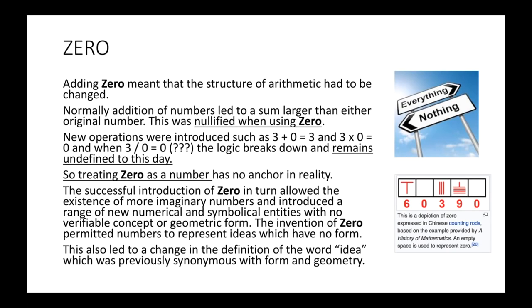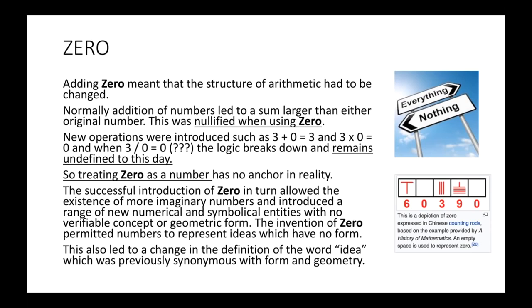So treating 0 as a number has no anchor in reality. There's nothing in nature that can help us. But we do see that because the introduction of 0 came about and was accepted, it also allowed more imaginary numbers and a whole range of numerical and symbolical entities, which had no verifiable concept or any geometric form whatsoever.